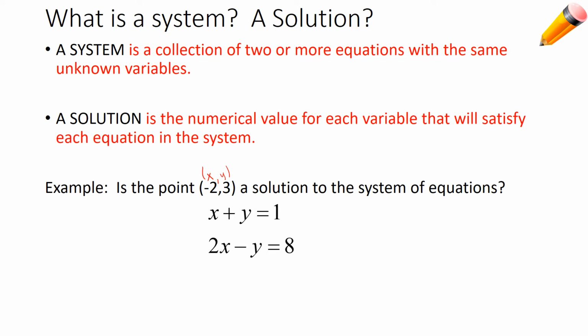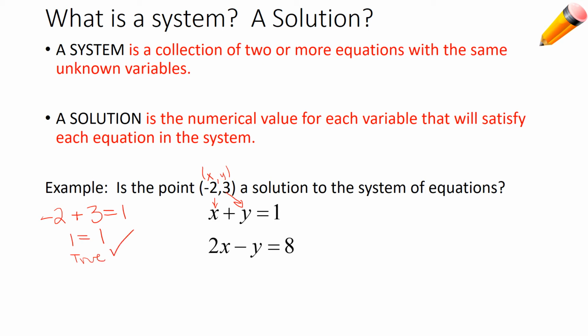So what we need to do is plug those two values into both equations and see if those statements are true. So let's plug in -2 for x plus y, which is 3, is equal to 1. So I plugged in a -2 and 3 in for y. -2 plus 3 is 1, which is equal to 1. So the statement is saying 1 is equal to 1, and we know that that is true.